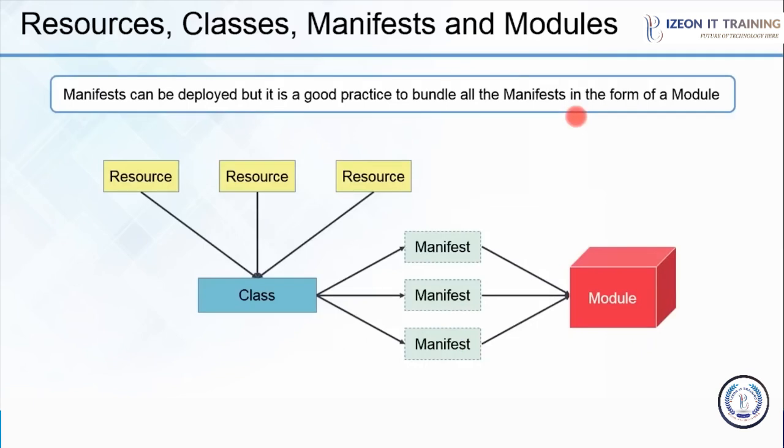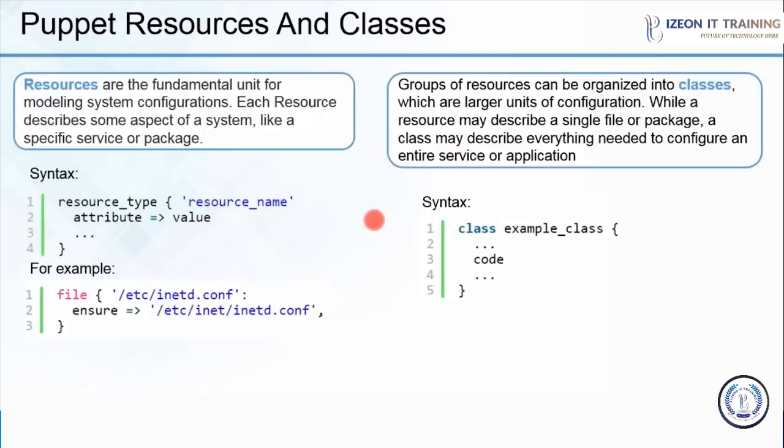All right, so let us move forward and have a look at what exactly are resources and what are classes in Puppet. Now, what are resources? Anything that is there is a resource. A user is a resource. As I've told you, a file can be a resource. Basically, anything that is there can be considered as a resource. So Puppet code is composed primarily of resource declarations. A resource describes something about the state of the system.